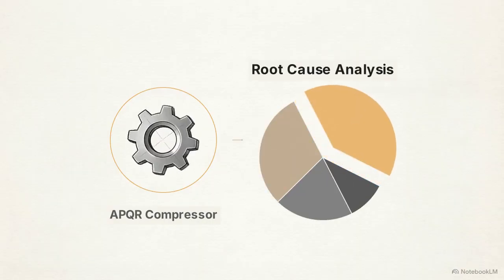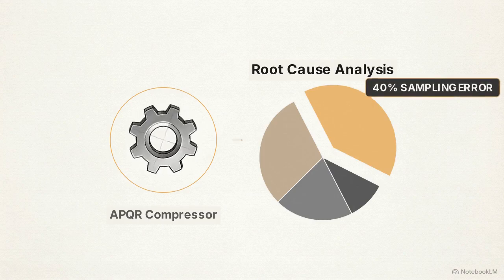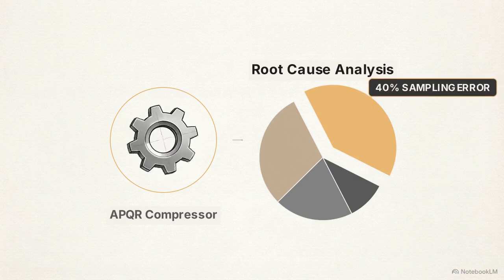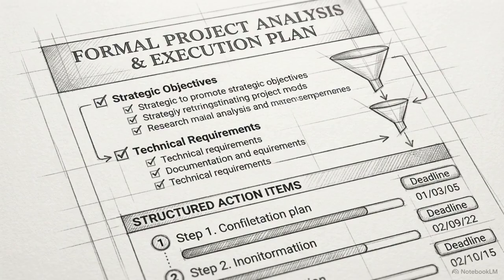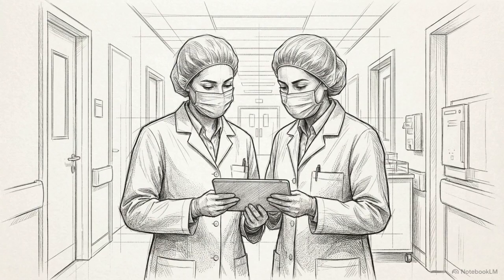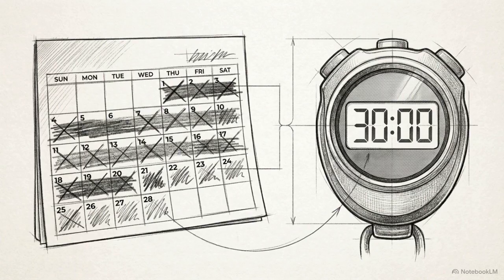This immediately reveals, for example, that 40% of deviations are caused by sampling errors. The AI then drafts a structured corrective and preventative action document, or CAPA. This CAPA suggests specific retraining based on the identified root causes, turning data entry into actionable strategy. This synthesis compresses a week of manual data categorization into 30 minutes of strategic analysis.